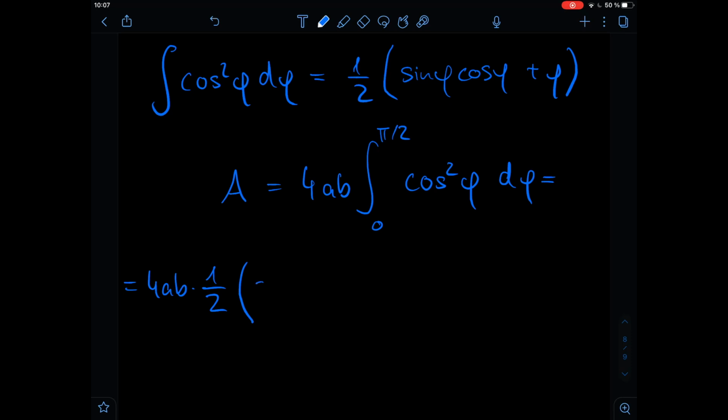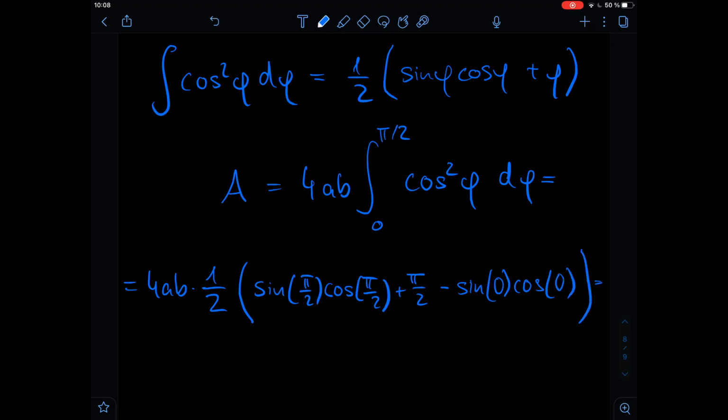So we have sine of pi over 2 times cosine of pi over 2 plus pi over 2, and then minus sine of 0 cosine of 0, and then we have to subtract 0 again.